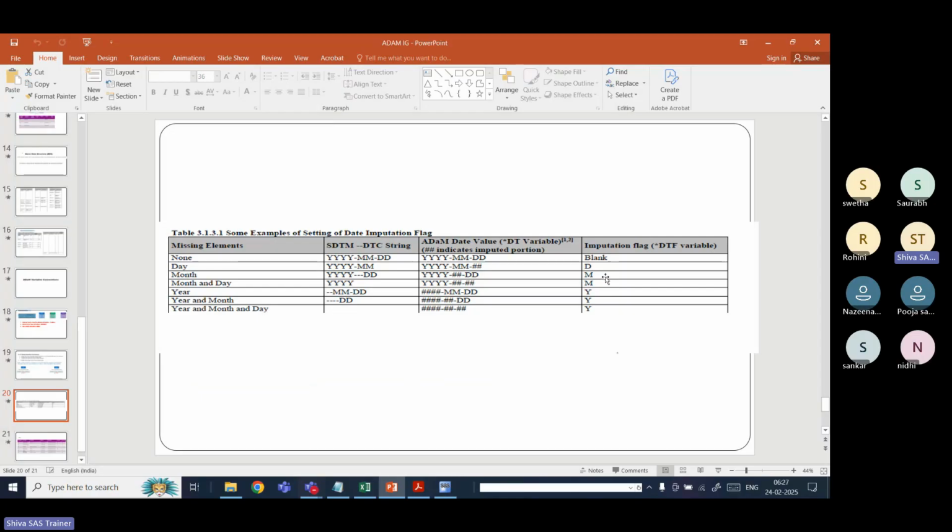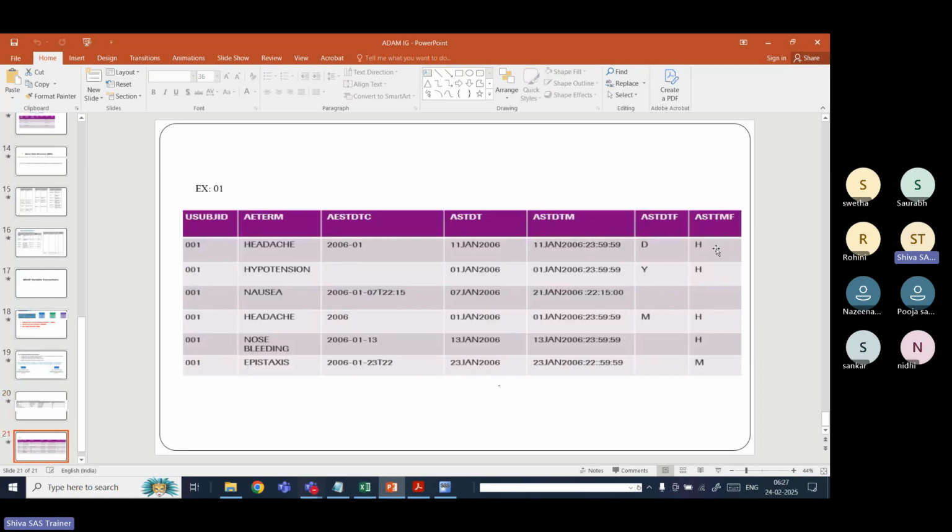Whenever we are imputing the date, that is D. Whenever you are imputing the date and month, that time M. Whenever you are imputing the year, month and date, that time you have to populate Y. In case of time, if you are imputing hours, minutes and seconds, H; minutes and seconds, M; only seconds, S. That is time-related imputation.